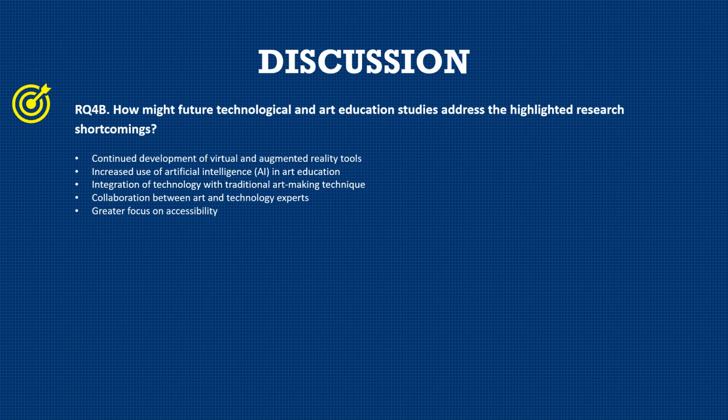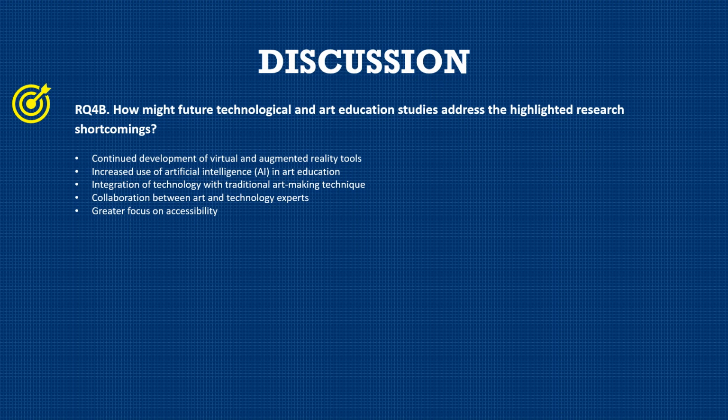The future direction of technology application in art education is likely to focus on the development and implementation of new and innovative technologies. Here are some potential directions for the future of technology application in art education. Number 1, continued development of virtual and augmented reality tools. Virtual and augmented reality tools have the potential to revolutionize the way art is taught and experienced.